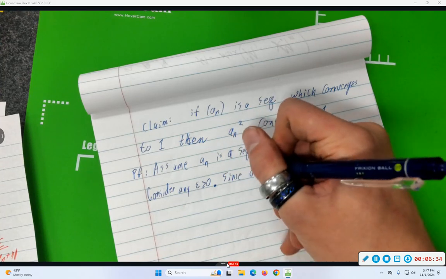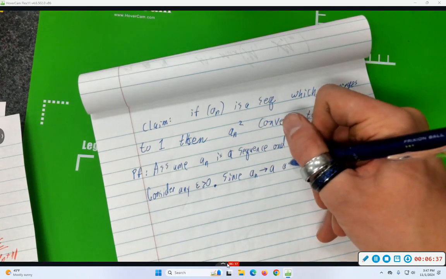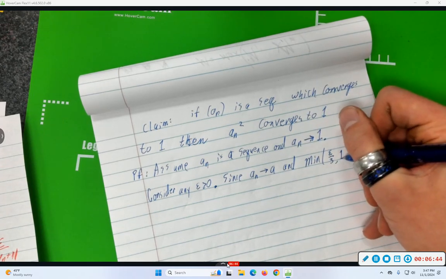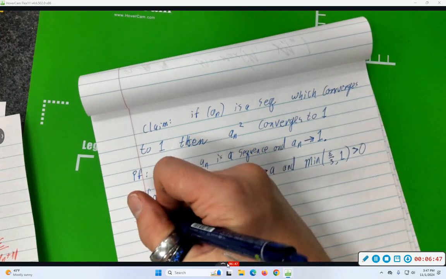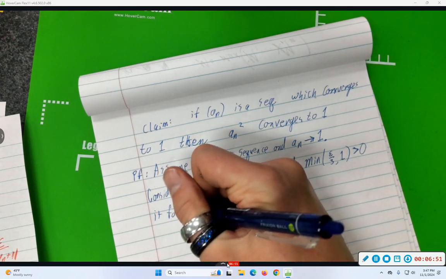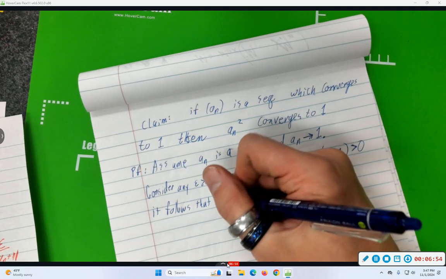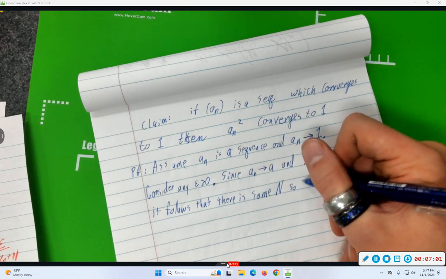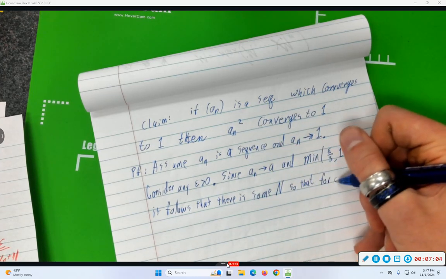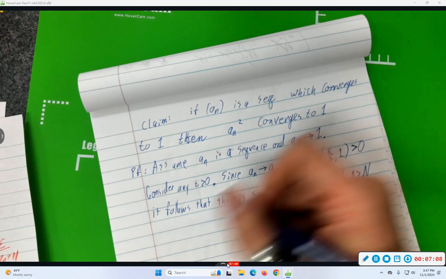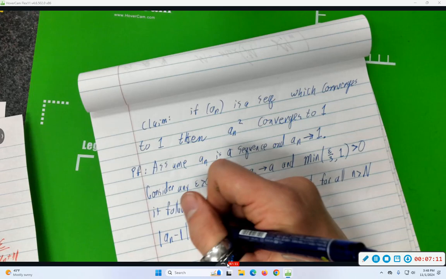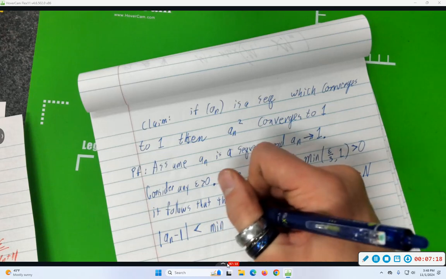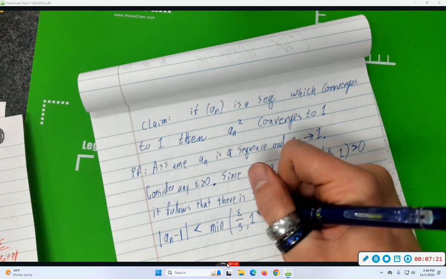Since a_n converges to 1, and min of epsilon over 3, comma 1 is bigger than 0, it follows that there is some big N so that for all little n bigger than big N, the absolute value of a_n minus 1 is less than, I can put any positive number I want down, but because of the scratch work I did, I know that the min between epsilon over 3 and 1 should do the job.